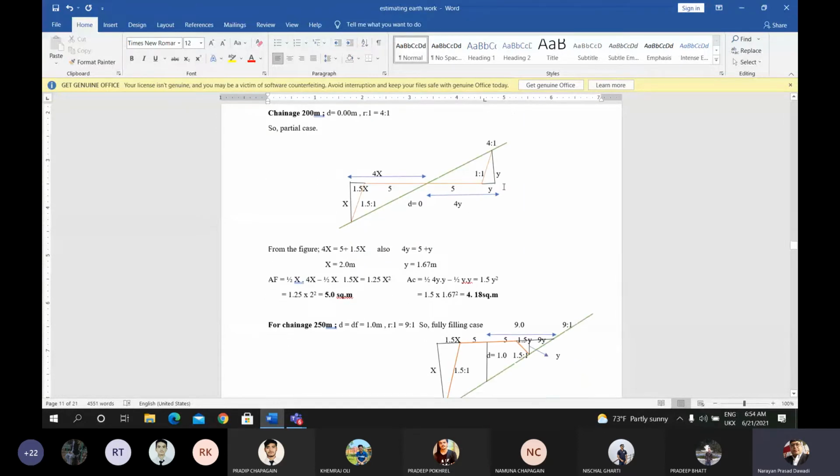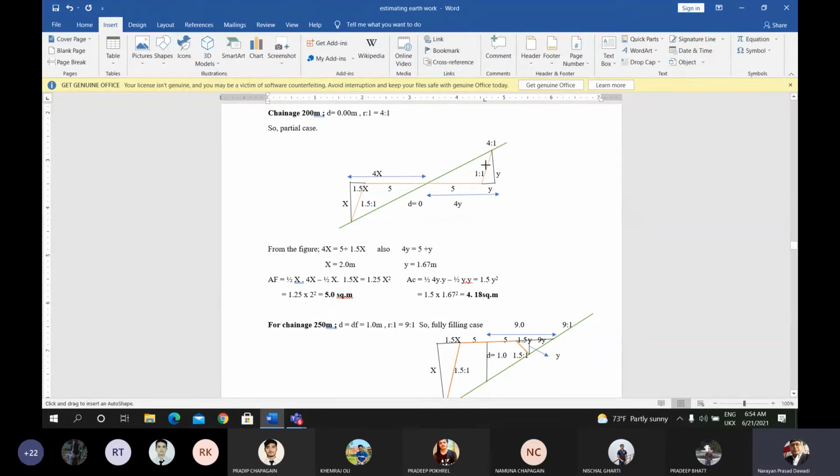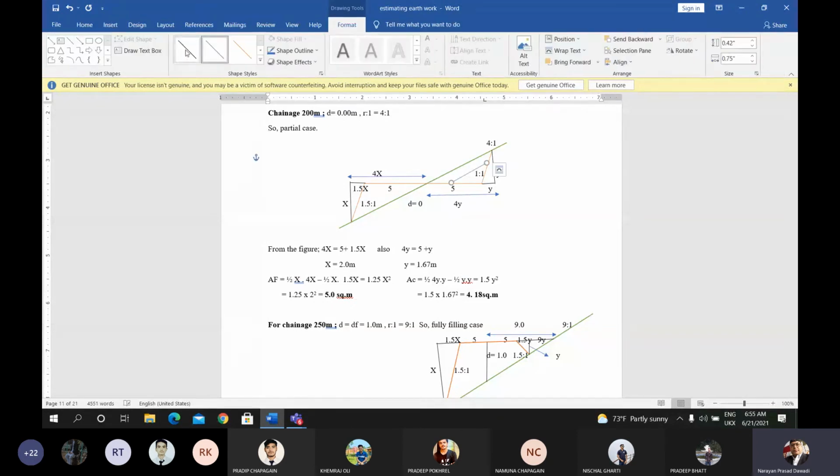This is the cutting portion. The right hand side is the cutting portion and the left hand side will be the filling portion. The hatch portion of this triangle will be the cutting portion, and another hatch portion is this.